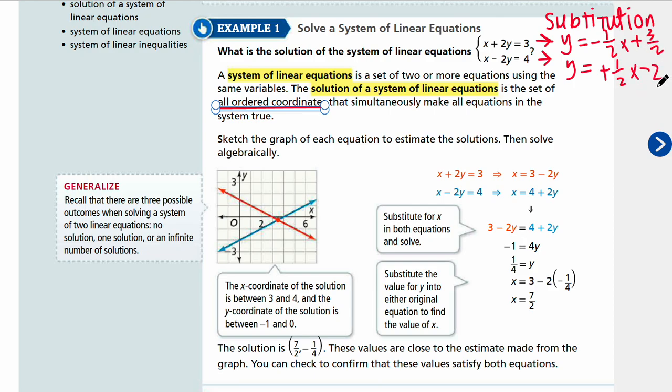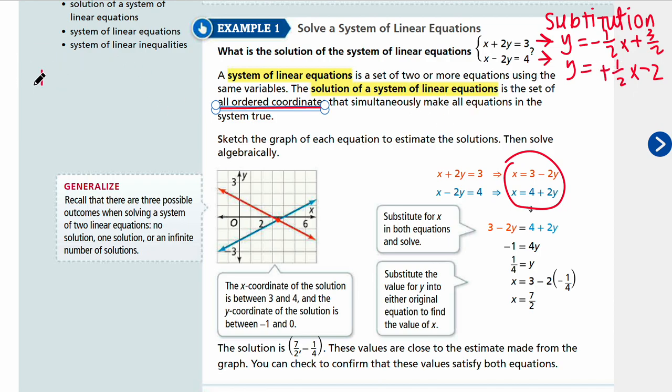Yeah, the textbook solves for x because the numbers are prettier. So really, you can either solve for x or y and just make the expressions equal to each other, because the goal is to find the x and y values that are the same in both equations, right? So you're going to set up one variable to set them equal to each other.